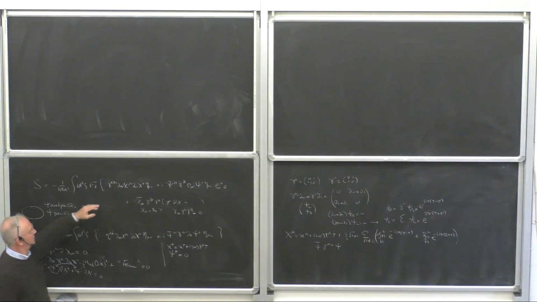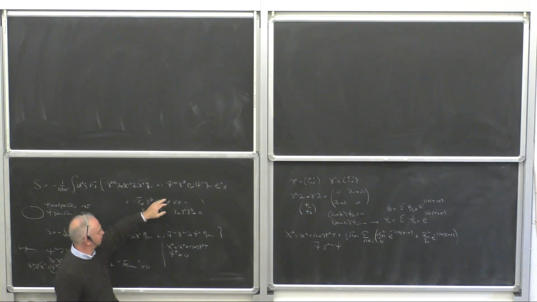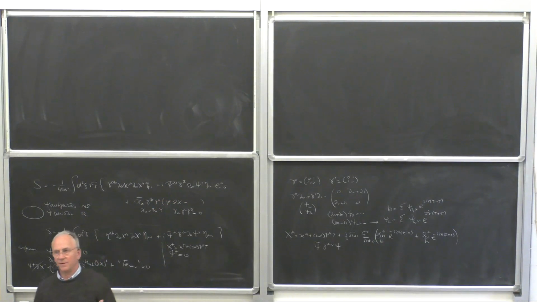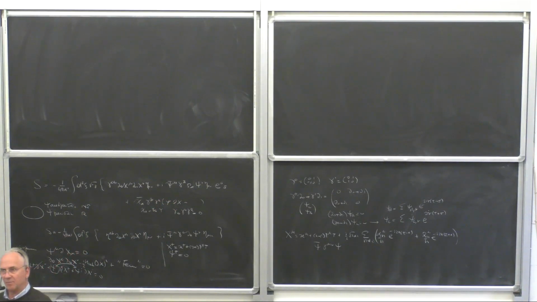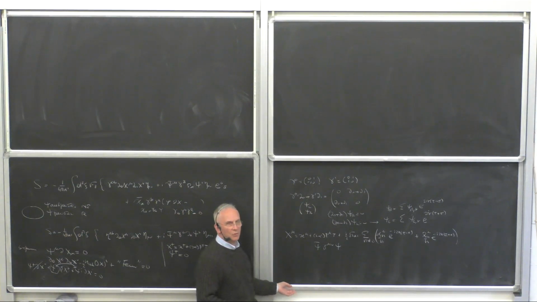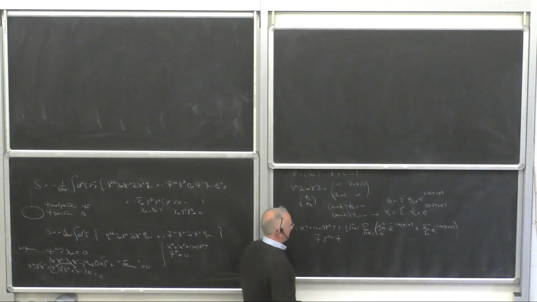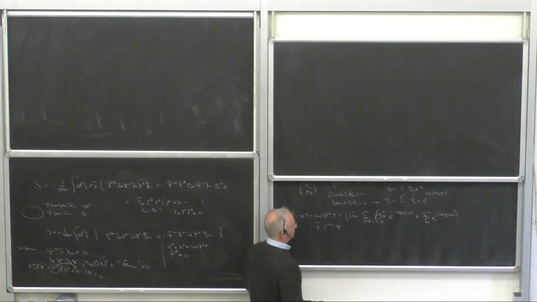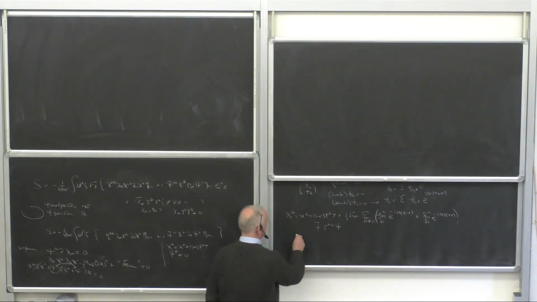So when you write an action like this, you have these two different choices independently for the left movers and the right movers, to take them periodic or antiperiodic. The big difference is that if they are antiperiodic, then there is no zero mode, and so the fermionic oscillators satisfy equations which are similar to the bosonic ones.